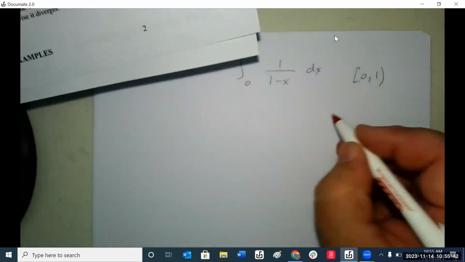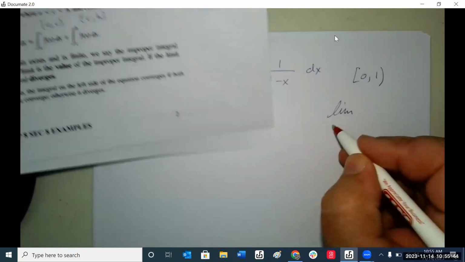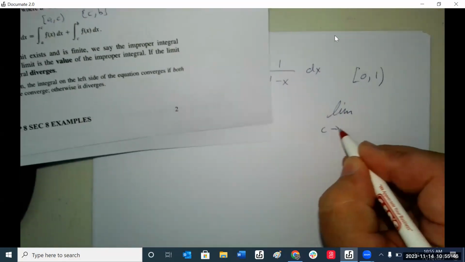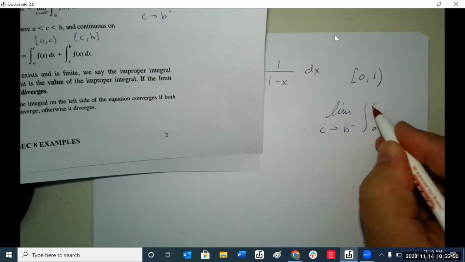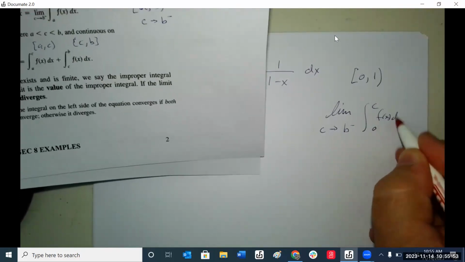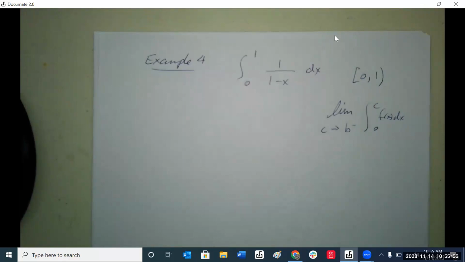We're going to use the limit as C approaches B from the left of the integral from A to C of f of x dx.